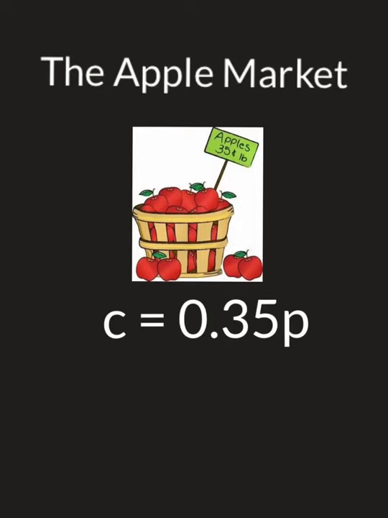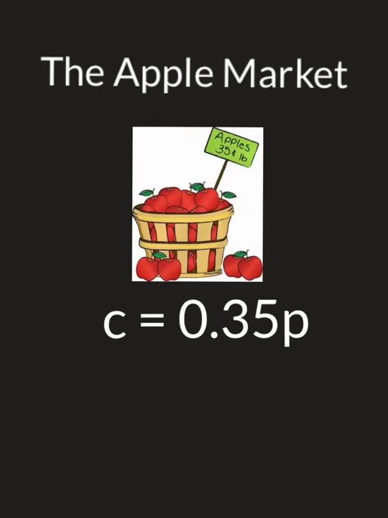Vice versa, if I put a 5 in for pounds, for P, then I would take 0.35 and multiply that by 5, and that would give me $1.75 for a total cost. So now I'm able to use this equation that I built by using my independent and dependent variables.